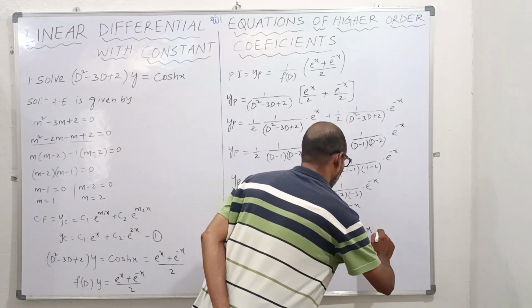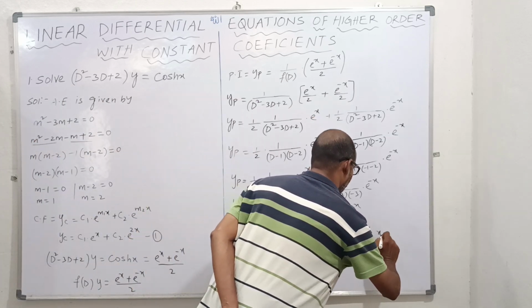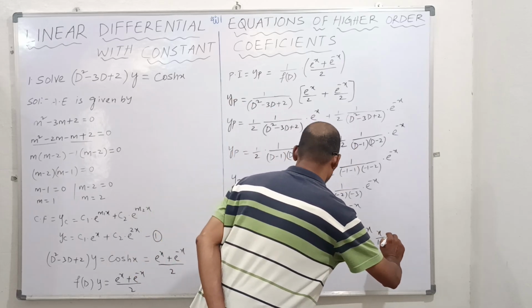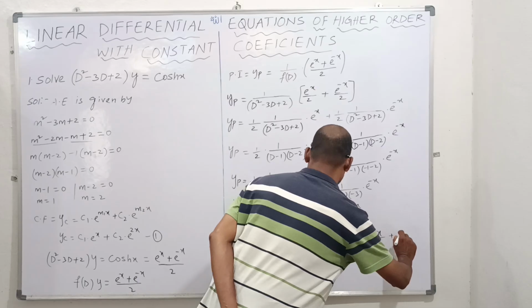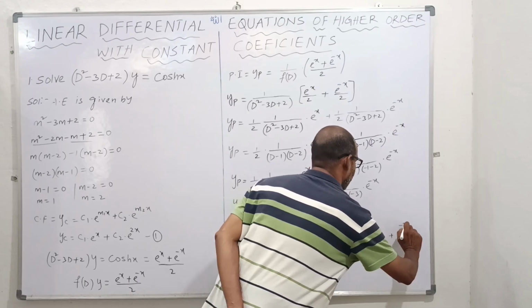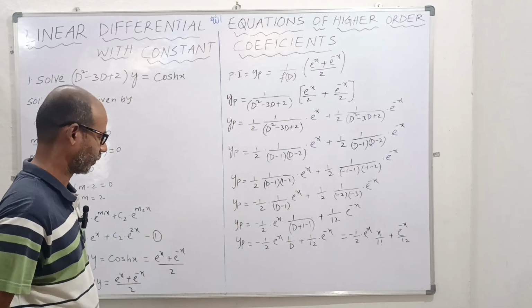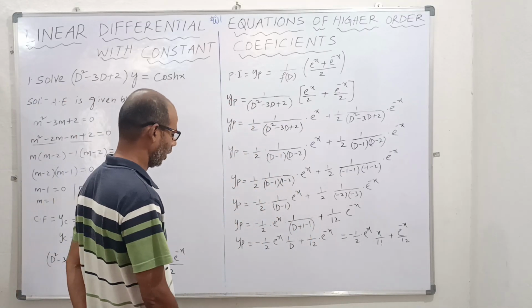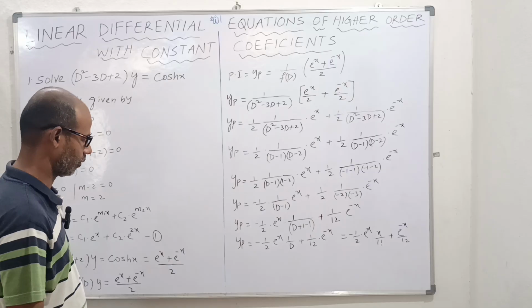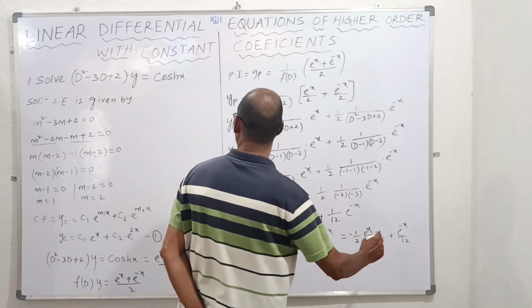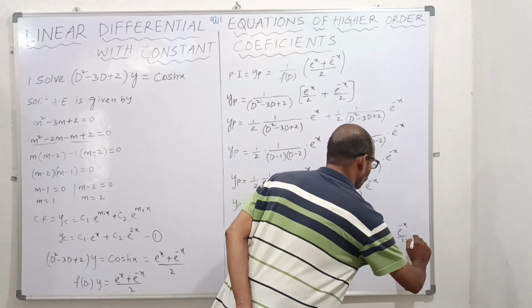So it becomes x by 1 factorial plus e power minus x upon. So that is the particular integral of this problem. So therefore, this is equation number 2.